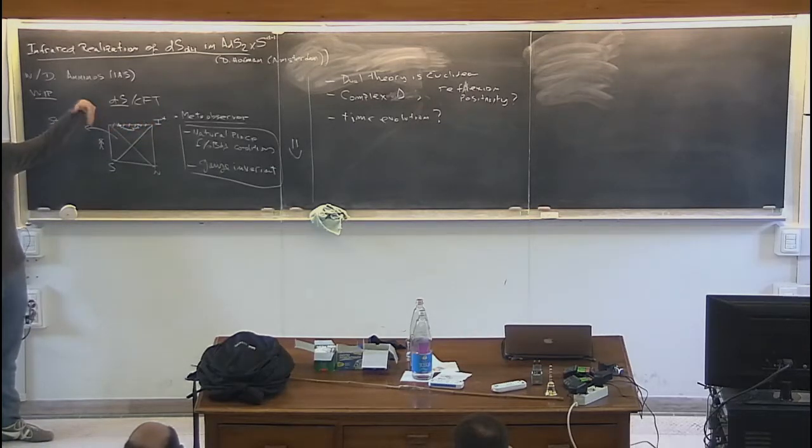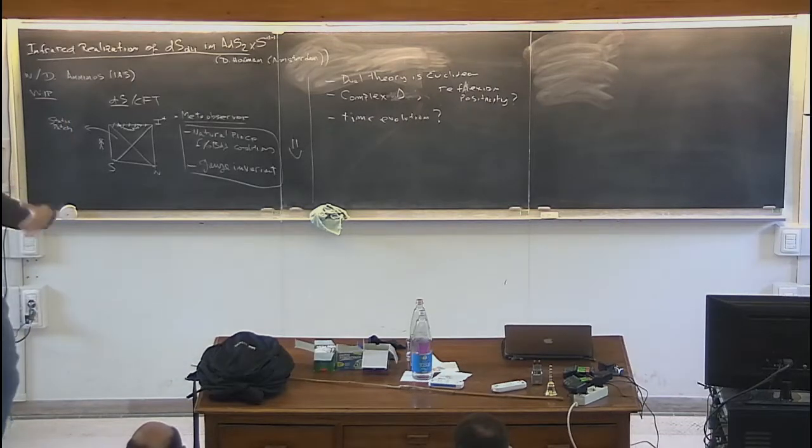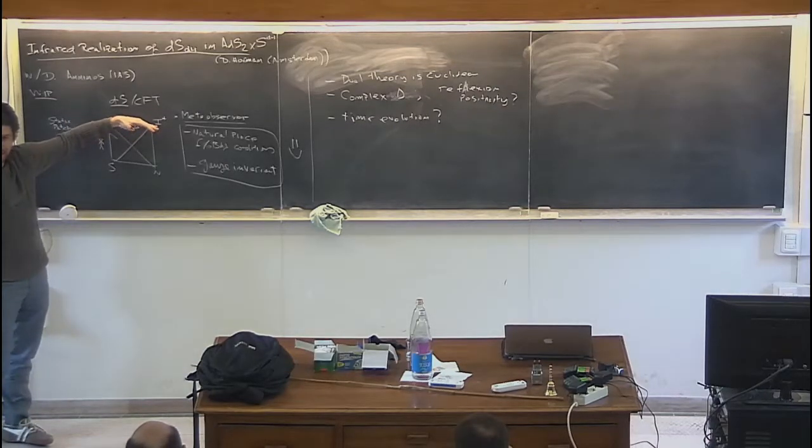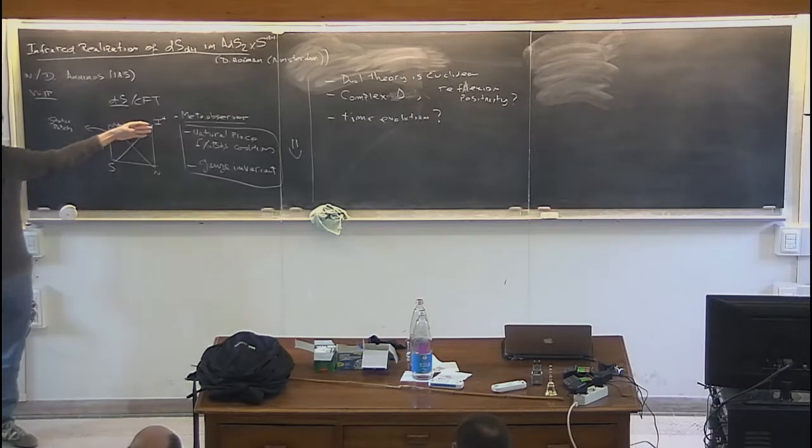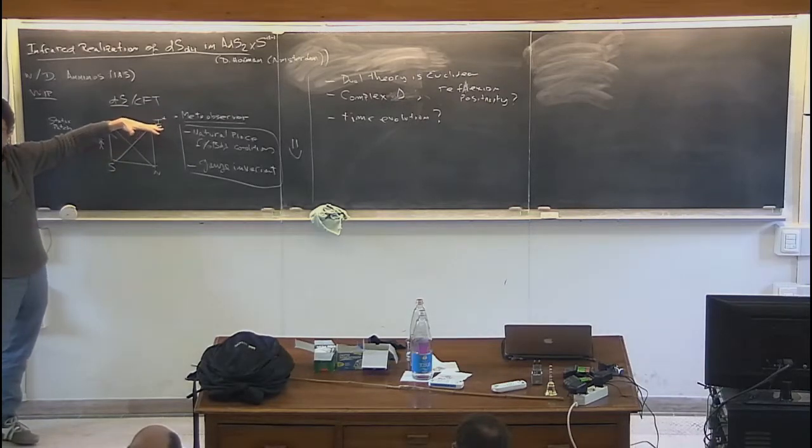You don't have the interpretation that the horizon is shielding you from some details of some state that you don't know, but you're actually putting the state that you're worried about inside the horizon. It's a bit like if you were doing black hole physics, trying to resolve the singularity of the black hole, and you tried to put a field theory where the singularity of the black hole is. It's a bit confusing what the meaning of the horizon is when the state that you're defining is really here.